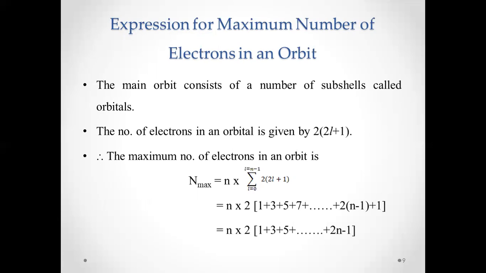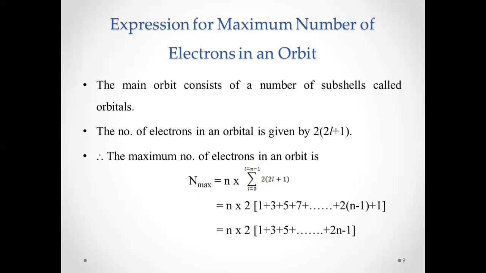Coming to the derivation of the expression for the maximum number of electrons in an orbit, the main orbit consists of a number of subshells called orbitals. The number of electrons in an orbital is given by the expression 2(2l+1).